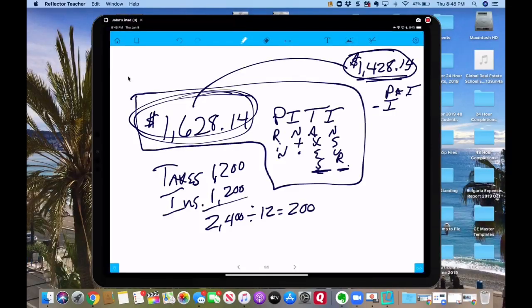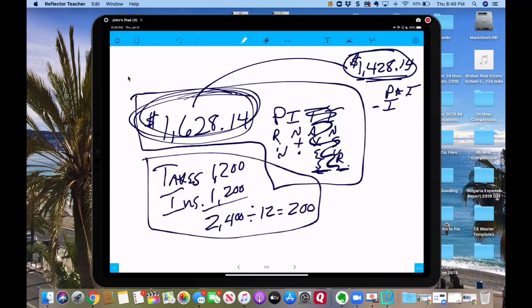Here's something else you have to be careful of, and this is why you have to read the question so carefully, because this is how they love to trip you up. They could give you the principal and interest payment. They may say the mortgage payment, the principal and interest, is $1,628.14.